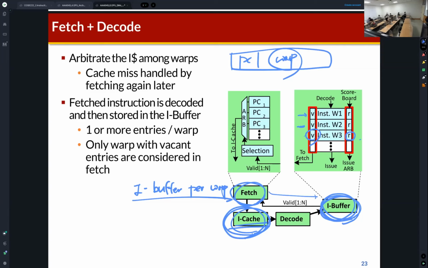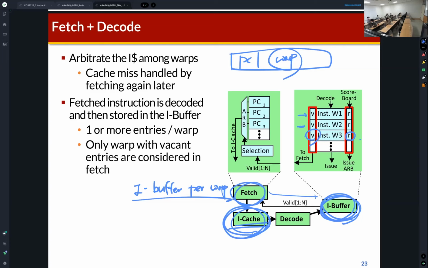There are multiple warps, and the instructions come from the instruction cache. The next instruction is placed into the instruction buffer, which has the valid bit and the ready bit, and this readiness is kept by the scoreboard.